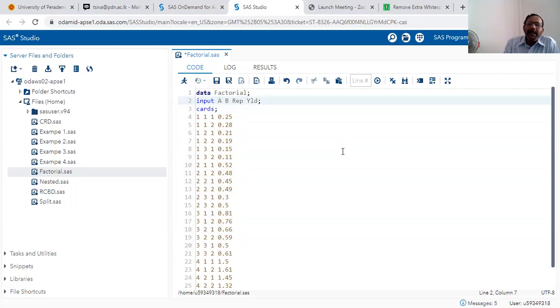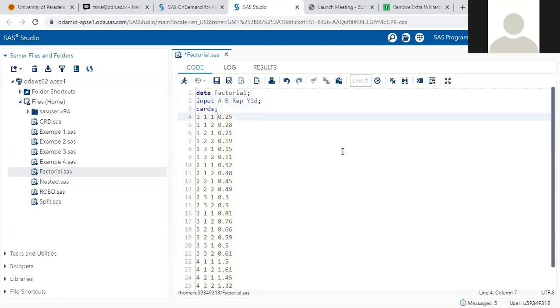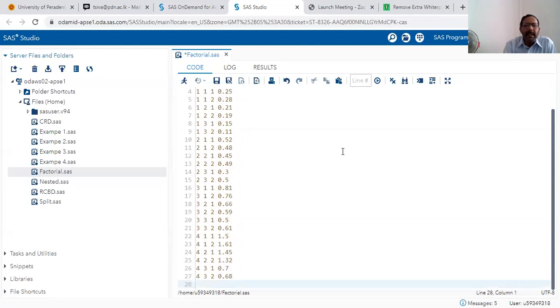Four levels. How many levels in B? Three levels. So everything is indicated here. This is the first level of A, first level of B, and the first replicate. The value is 0.25. Likewise, we have entered the data. So this is the last point of data.